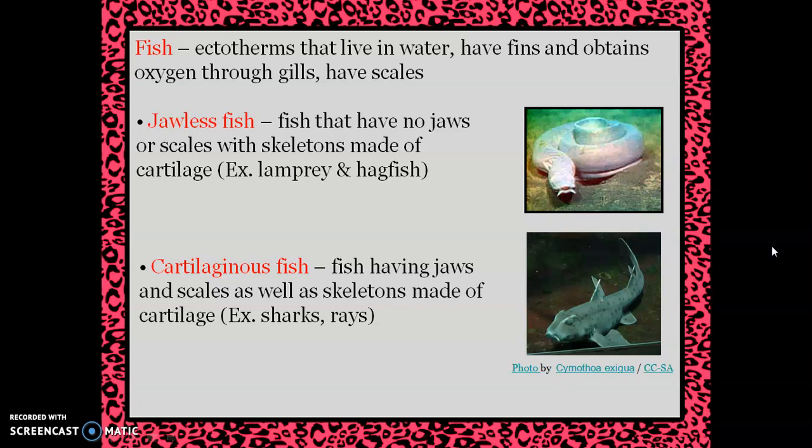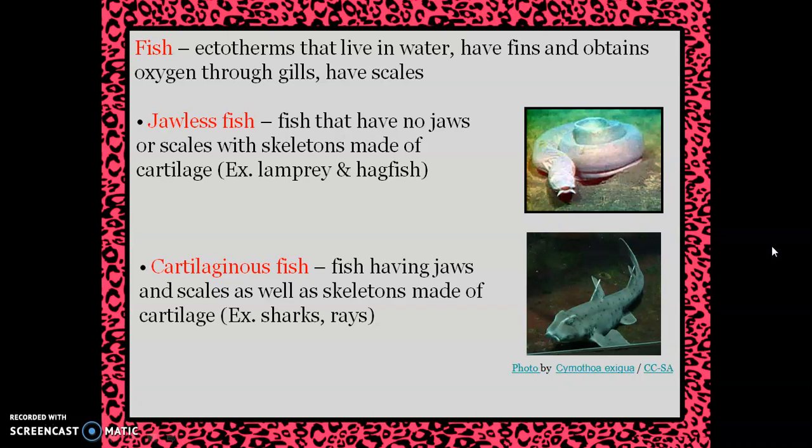It will bite into the body of a fish, and use their teeth on their mouth to open up a hole in the fish and suck out its body fluids, its blood and any other fluids that happen to come out. And that's how they live off of it.